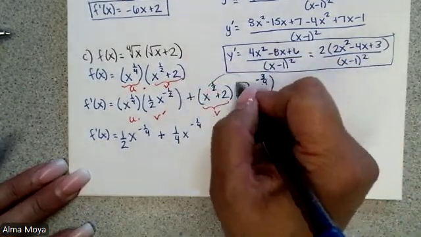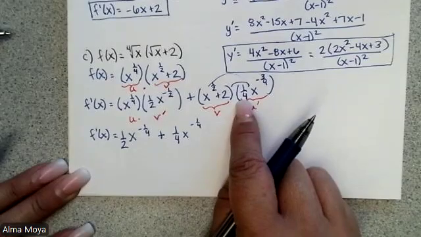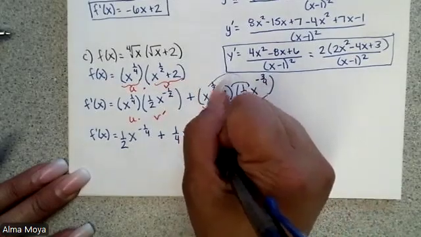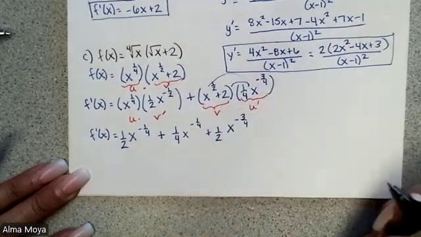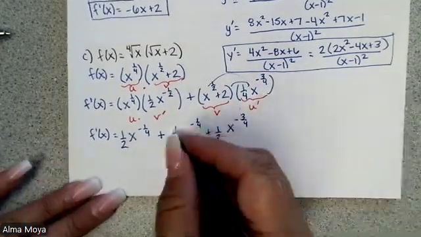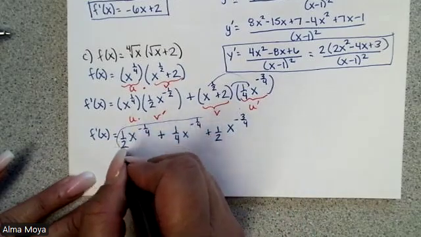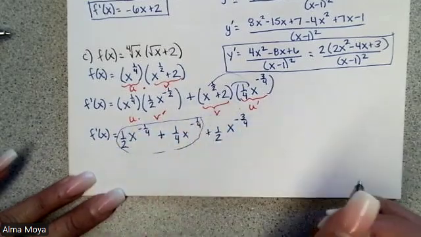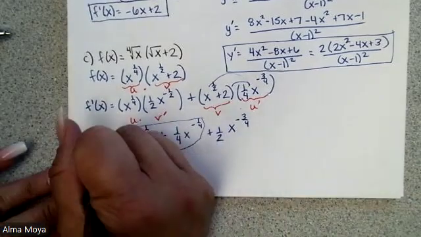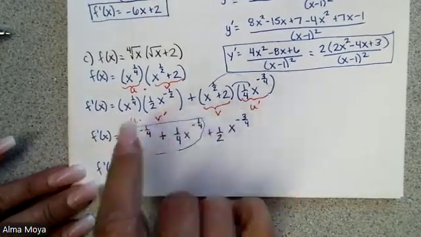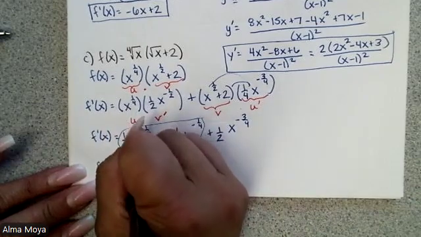And right here, when I multiply these, 2 times 1/4 is 1/2. And then don't forget the negative 3/4 right here. Now, these are like terms because they both have powers of negative 1/4. So you can add the coefficients up. 1/2 plus 1/4 is going to be 3/4.